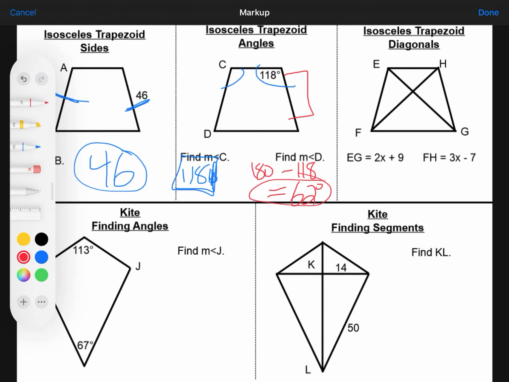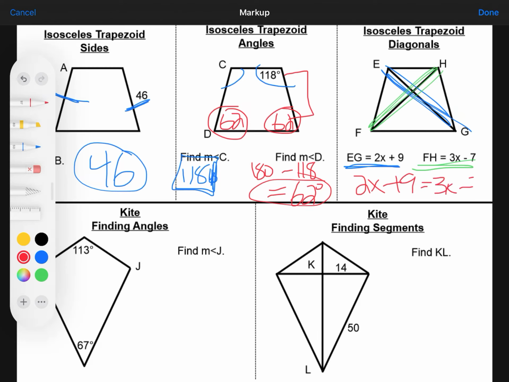So this angle down here is 62, and this angle over here is 62. If you have diagonals, one diagonal, EG, one diagonal, FH, they're just equal to each other. 2x plus 9 equals 3x minus 7.